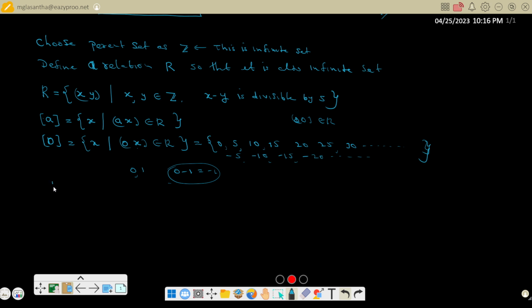Then if you take equivalence class 1, the x such that (1, x) belongs to R, so 1 minus x is divisible by 5. Now what are the values that x can take? Can you put 5 here? Can't, 1 minus 5 is not divisible by 5.